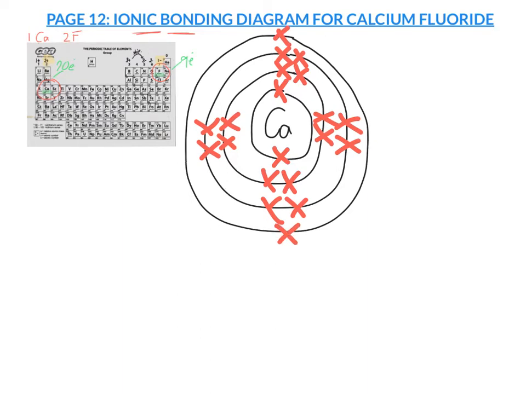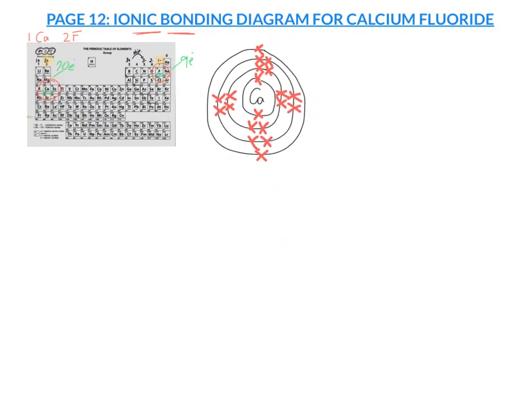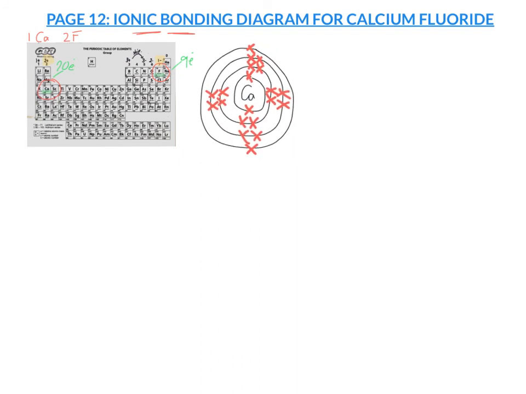So you have got 2 electrons in your outer shell. And remember our rule from last time, metals always lose their outer shell electrons. So this metal here of calcium is going to lose 2 electrons from the outer shell. It's going to lose its 2.